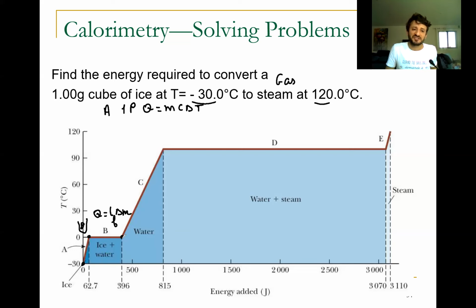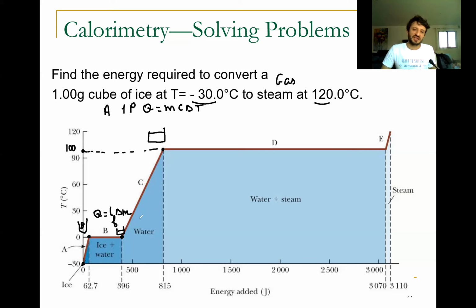Now at this point, we have only liquid at a temperature equal to 0. We give heat now to increase the temperature from 0 degrees to 100. At this point, we have the liquid at T equals 100.